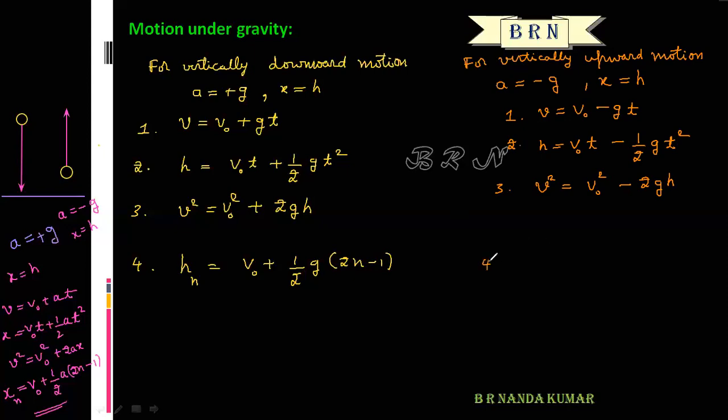The last one is H n is equal to V naught minus half G of 2n minus 1. So these are the kinematic equations of motion for vertically upward motion.